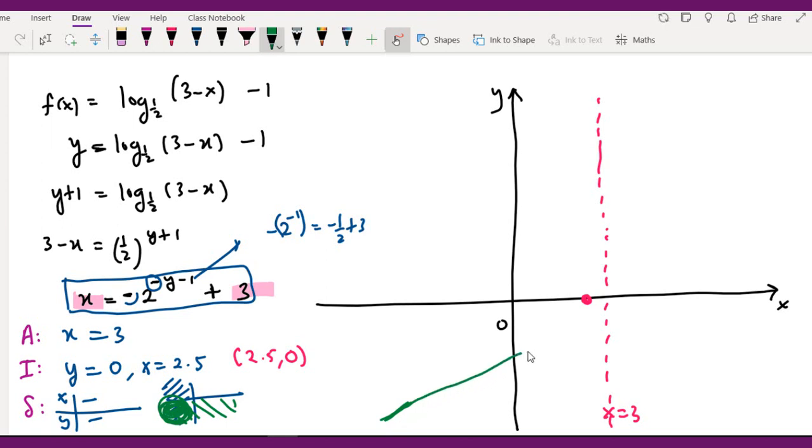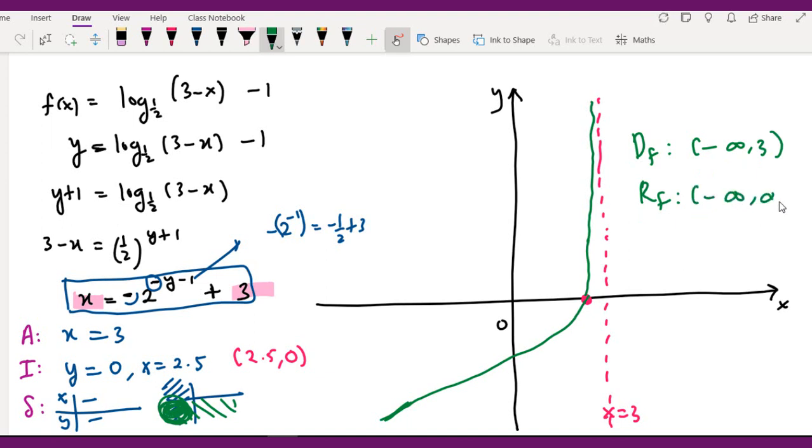Then join the graph to the point and continue until you get to the asymptote. Okay, this is the graph. The domain of this function is from negative infinity up to 3, not included. The range for this function is real numbers. Double check: for the domain, 3 minus x is more than 0 and x is less than 3. Okay, settle for this logarithmic function.